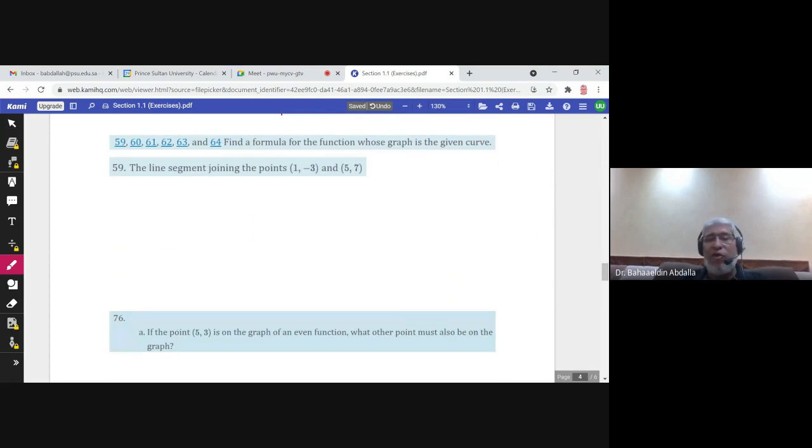Find the formula for the function whose graph is the given curve, the line segment joining these 2 points. So we need to find the formula for this function.